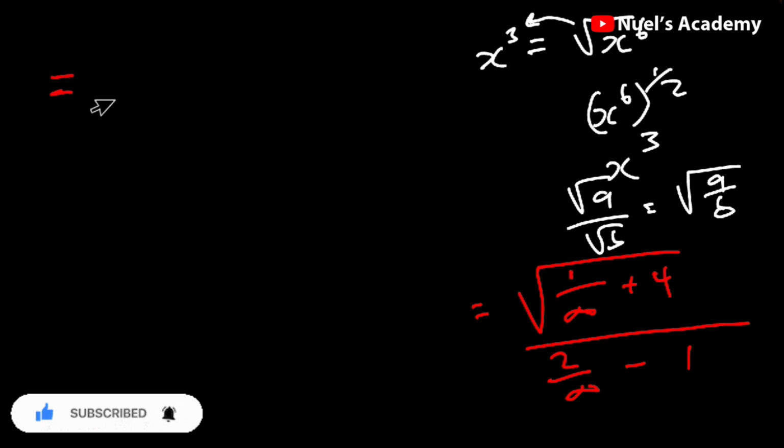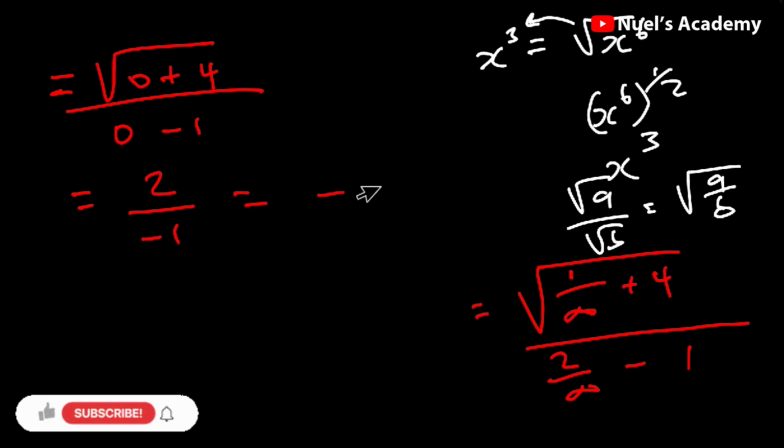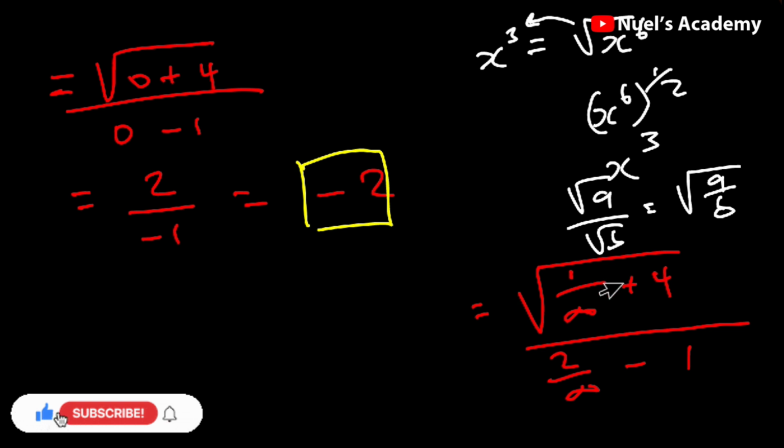We have 1 over infinity is equal to 0, then plus 4, over 2 over infinity, which is equal to 0, minus 1. So this is equal to the square root of 4, which is 2, over negative 1. So 2 over negative 1 is equal to negative 2. And so this is the answer to this question.